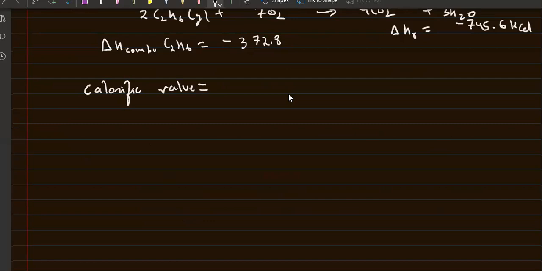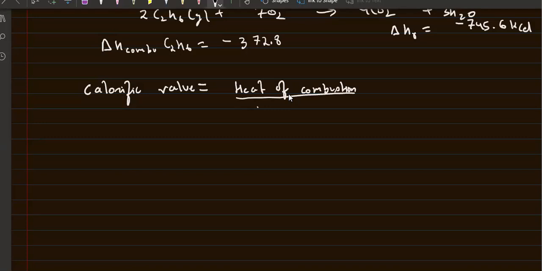So calorific value is basically the heat of combustion of the fuel, which is for 1 mole, divided by the mass of 1 mole of the substance, that is the molecular weight or molar weight of the substance.